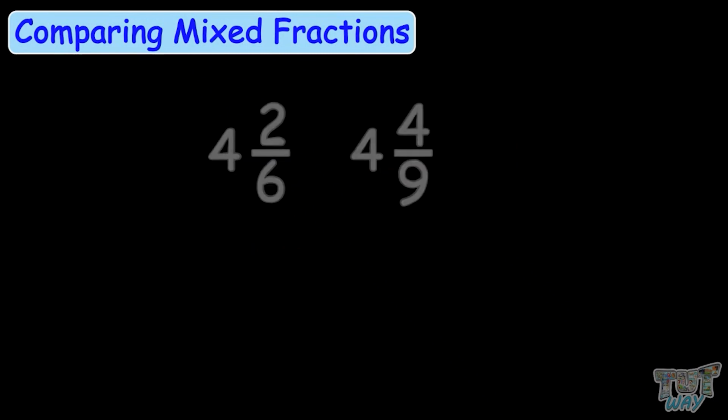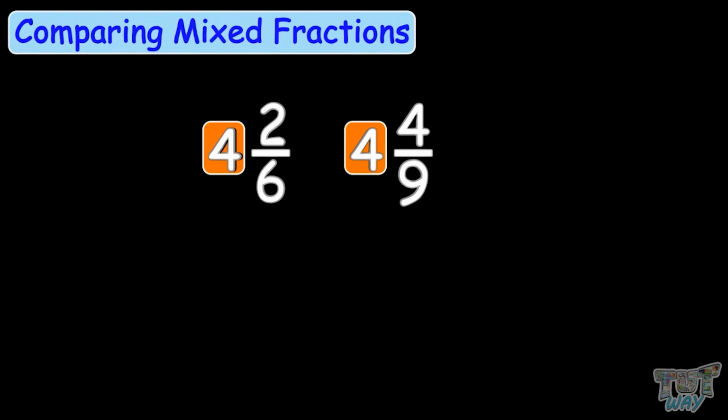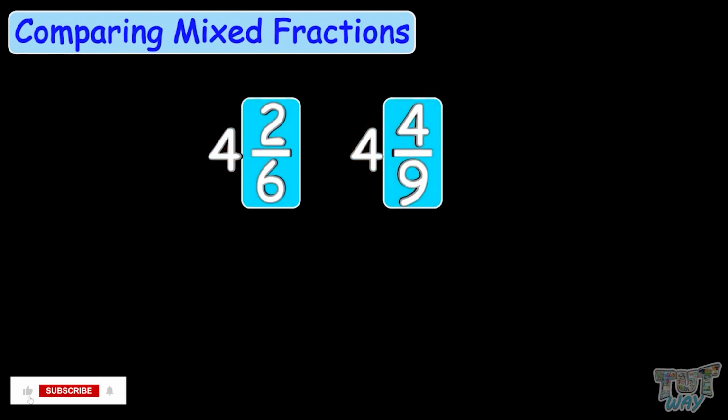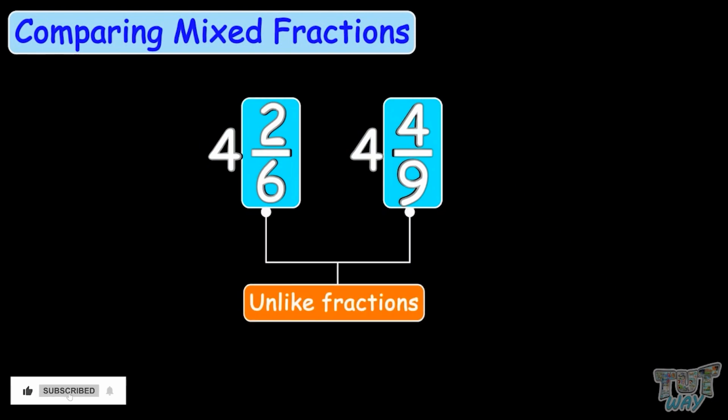Now which of these mixed numbers is bigger? 4 2/6, 4 4/9. Again, the whole parts are the same. So we will compare the fraction portions. But the fraction portions are unlike fractions. Both have different denominators. So, we have already learned how to compare unlike fractions.